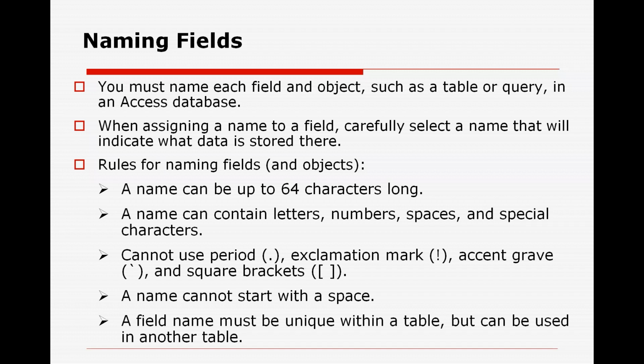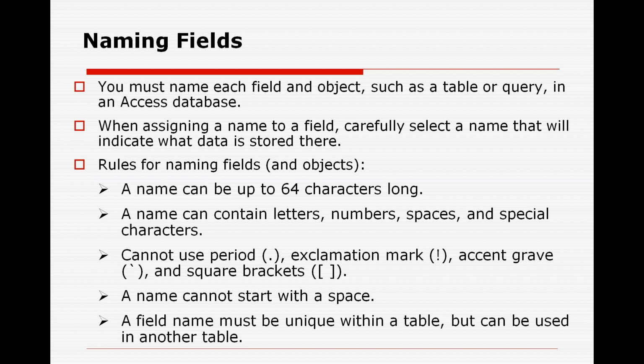A name can contain letters, numbers, spaces, and special characters, but some are not allowed. You cannot use a period, that is full stop, an exclamation mark, an accent grave, and square brackets. These symbols you can't use for names. A name cannot start with a space. That is another rule.